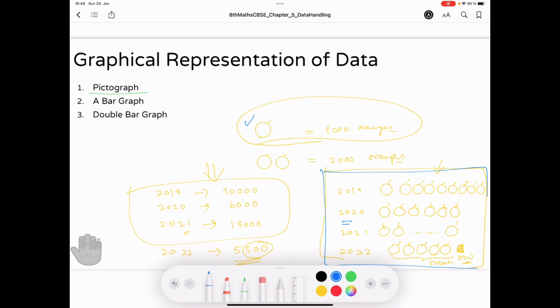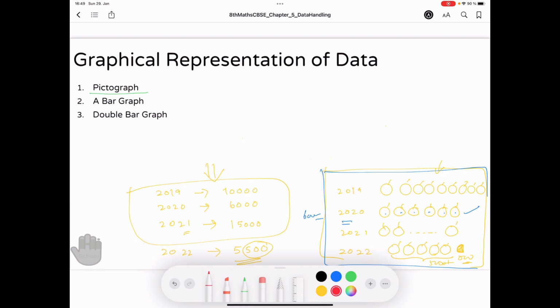Like in year 2020 how many oranges were grown in the farm. So based on this information we will count in this pictograph 1, 2, 3, 4, 5, 6, and 6 such shapes, and one shape is for 1,000 oranges, 6 into 1,000, 6,000 oranges came out of that farm. This is how we will draw information from this pictograph.